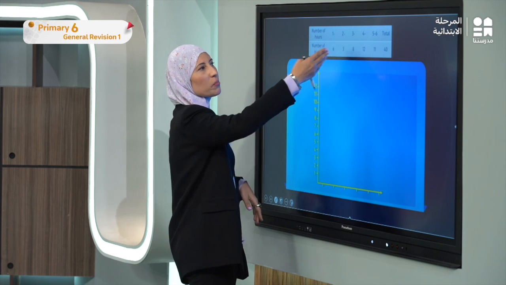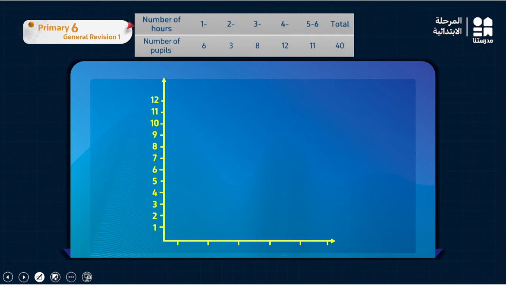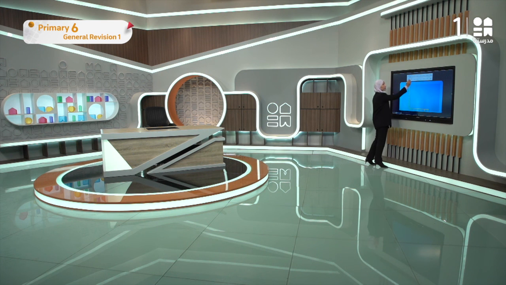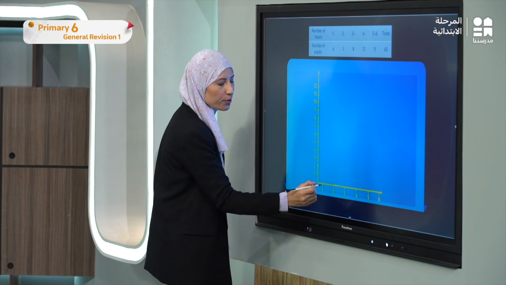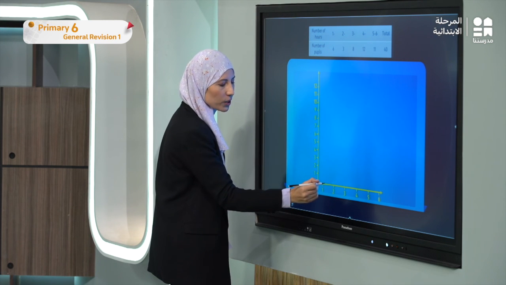The numbers are small, 6, 3, 8, 12 and 11, so I can move it by 1. Also my frequency is small, so I can move it by 1. Okay, here I have 1 and 2. I will add them to find my midpoint, to draw from the middle. So 1 plus 2 equals 3. 3 divided by 2 is 1.5.